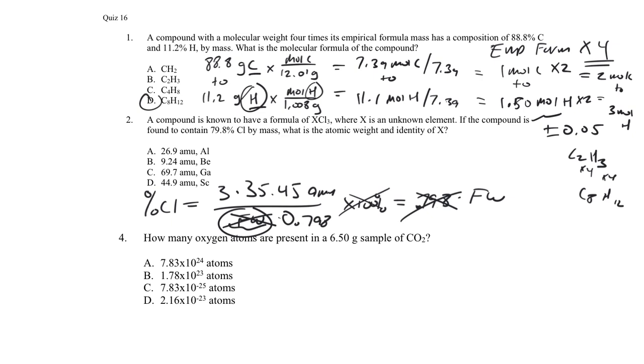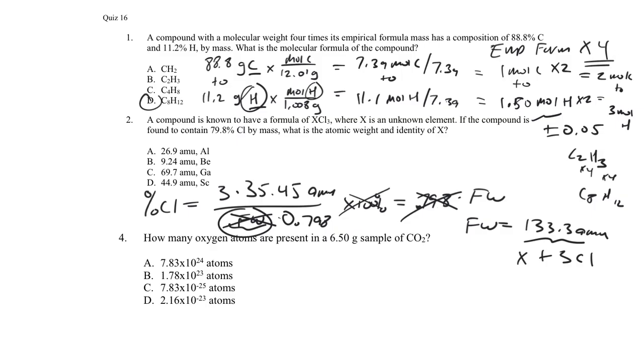So if I take 3 times the chlorine mass in the periodic table, divide by 0.798, the fraction that's chlorine, the formula weight of the compound would be 133.3 AMUs. Which is, of course, the atomic weight of X plus the 3 chlorines. So let's just subtract off the mass of the 3 chlorines from the formula weight.